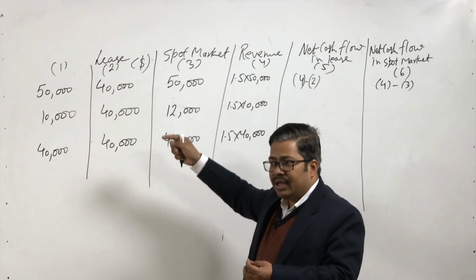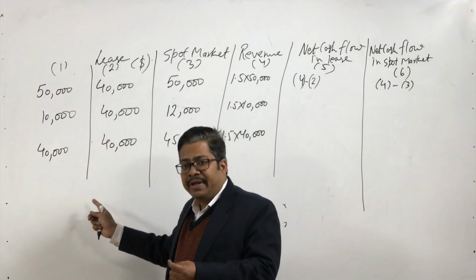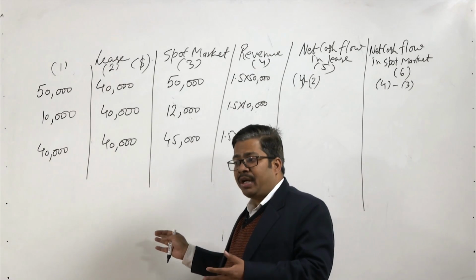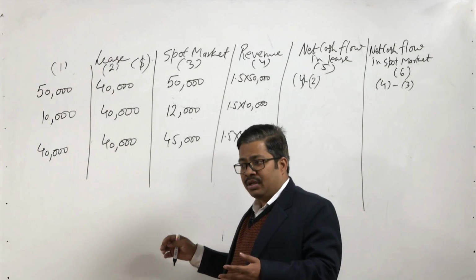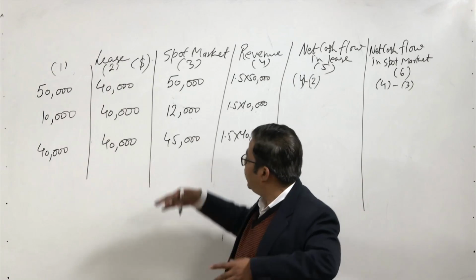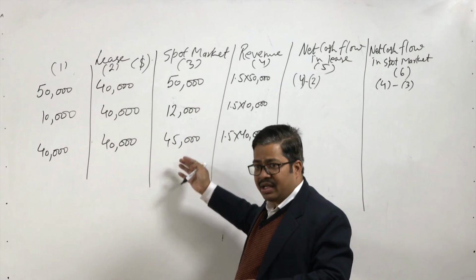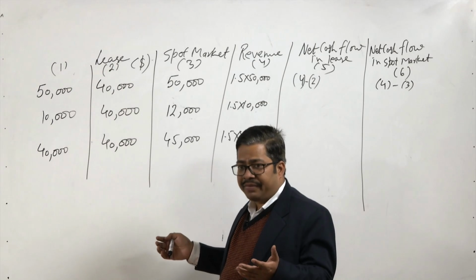Here the space cost may be $1 per square feet. Here the space cost may be $1.2 per square feet, and that may also vary from period to period. Initially it can be 1.2, and in the third year it can be $1.4 per square feet.